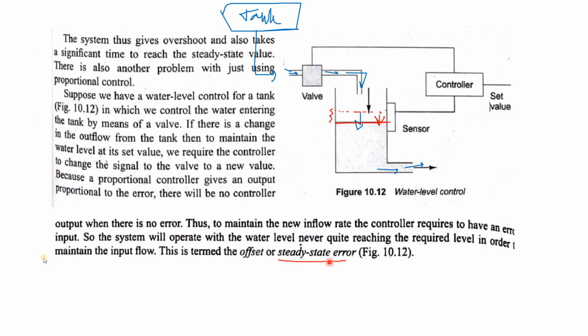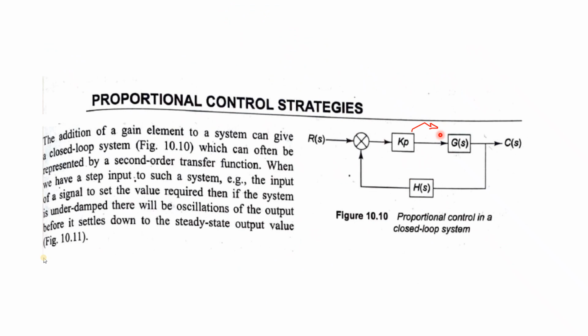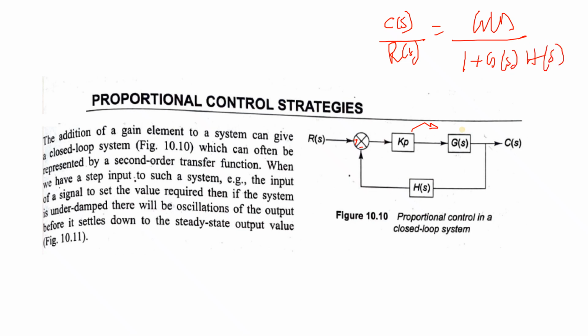Okay. Now we can represent this in an equation. This is a closed loop system with negative feedback; this is the plus sign, this is the minus sign. We know that in a closed loop system where we only have G(s), suppose Kp is not there, then the closed loop transfer function is C(s)/R(s) = G(s)/(1 + G(s)H(s)).